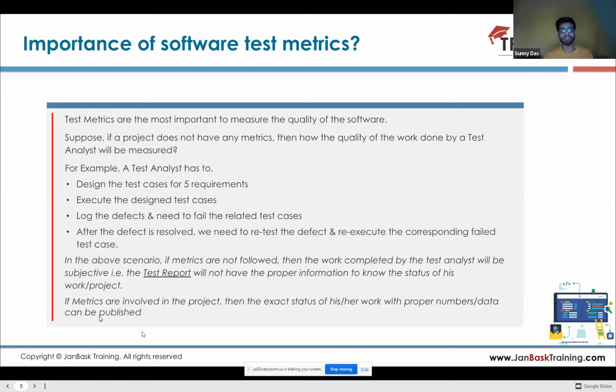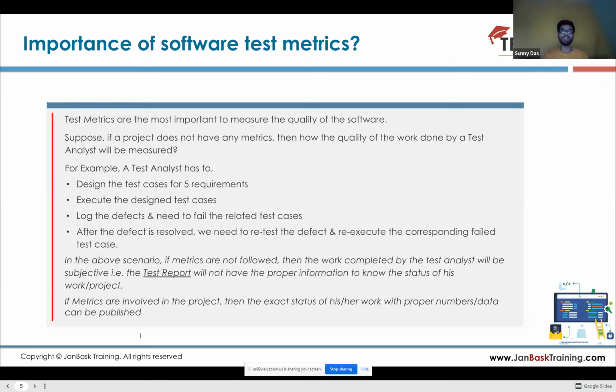So when you have this kind of test metrics, at any point of time the management can find the exact status of your work. Suppose you have written 25 test cases and you have executed only 10 test cases. So 15 test cases are left to be executed, and out of those 10 test cases you have found, suppose, 3 bugs. So the management will have a forecast as well.